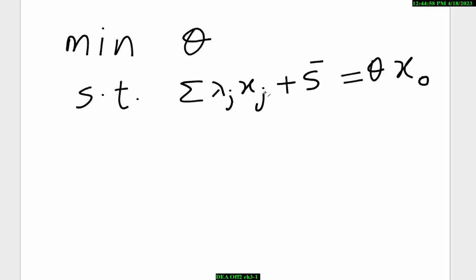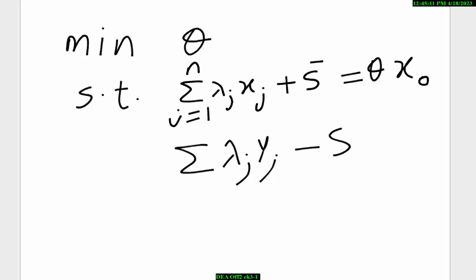Here j is from 1 to n, and for the outputs we have this.